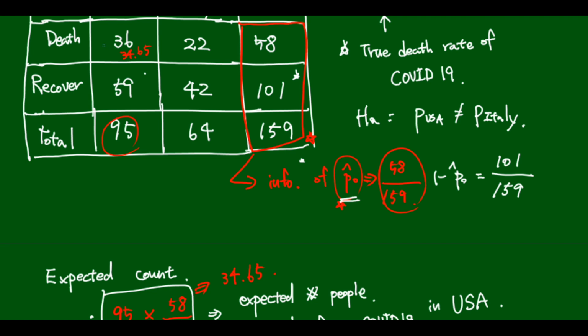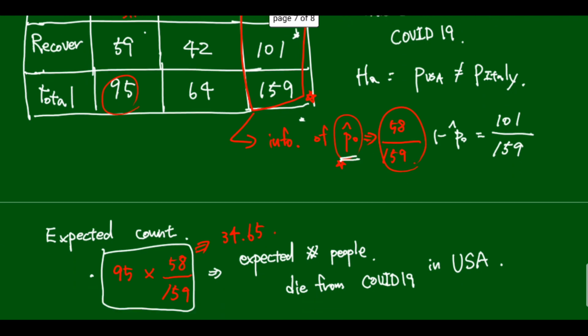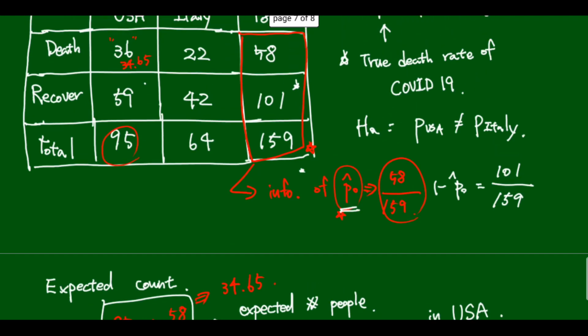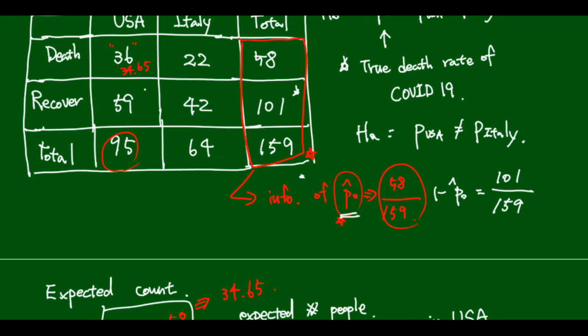So for example, for the first cell, we have observed 36 here, but our expected number is 34.65. Okay, so once you calculate these four numbers, let me just pause, and then I will fill in every cell here.